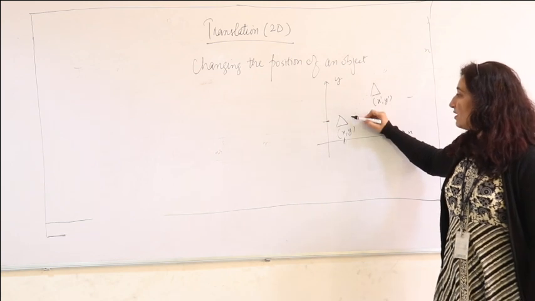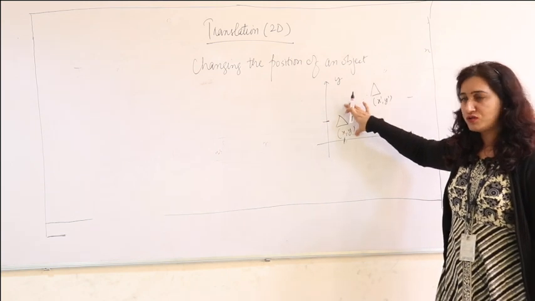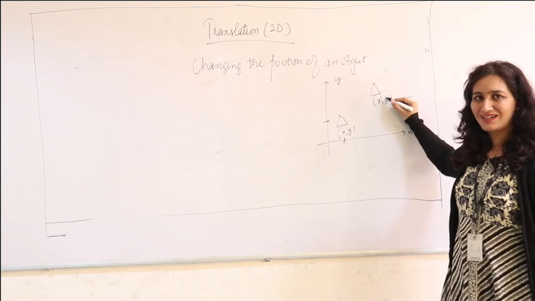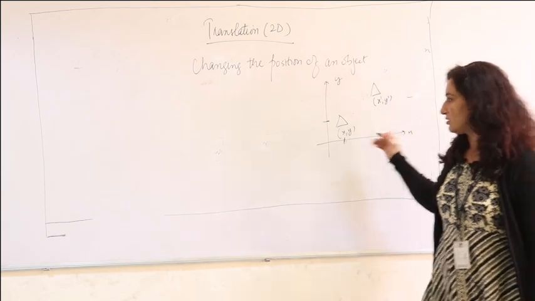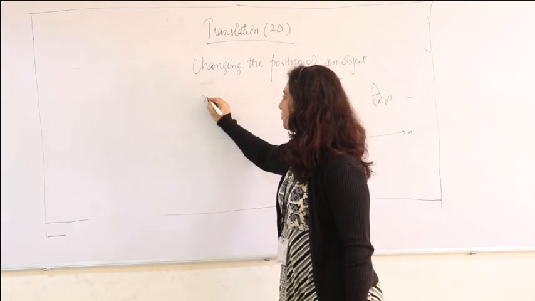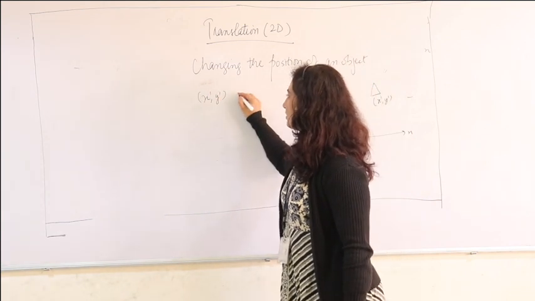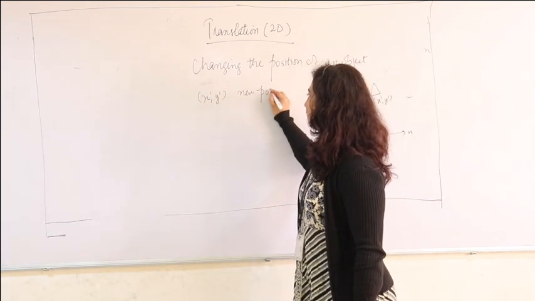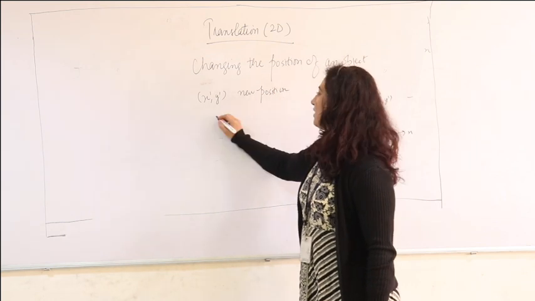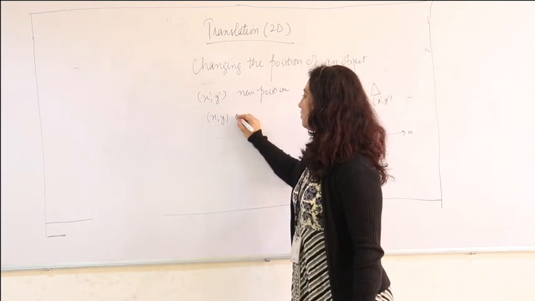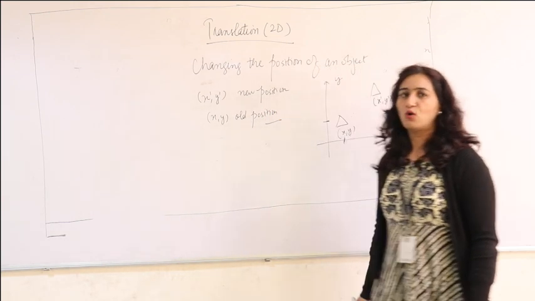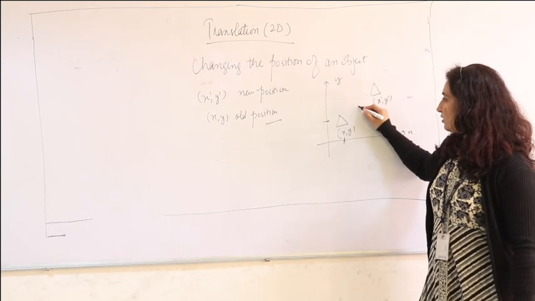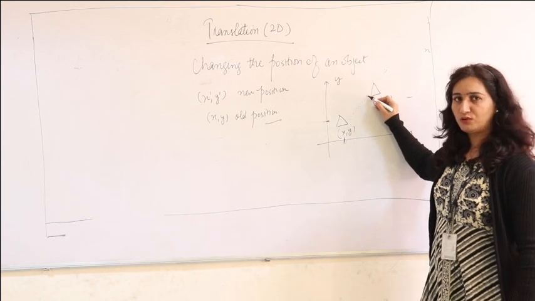The movement of this object from this position to the new position x dash and y dash is known as a translation. Suppose x dash and y dash are the new position of the object, and x and y are the old position. Clear?